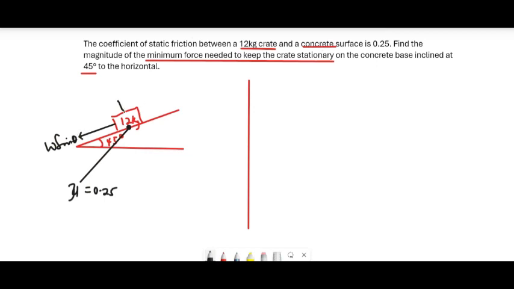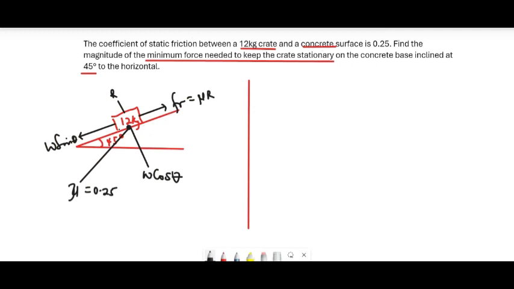You have your horizontal component R, which is directly proportional to W cos theta, that is cos 45 degrees. Opposite this would be your frictional force, because anything that opposes movement downwards will be upwards, and that's your frictional force.